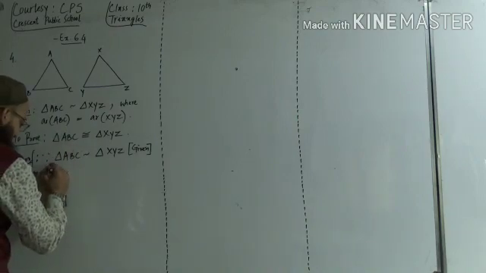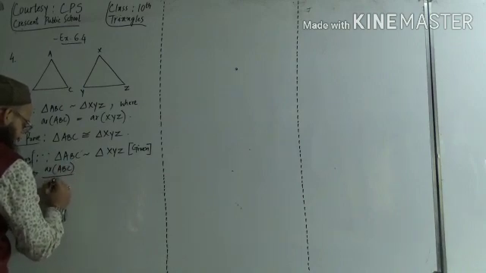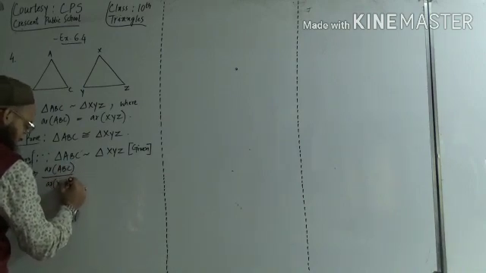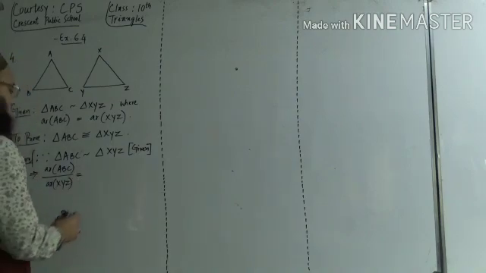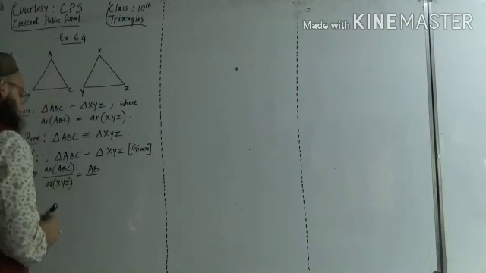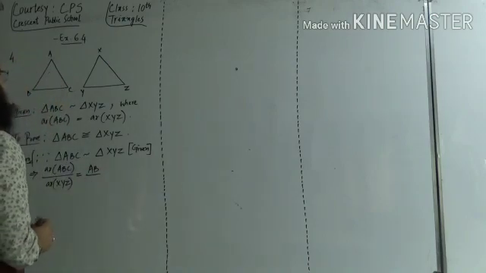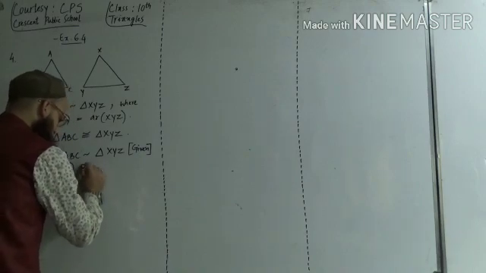So area of ABC divided by area of XYZ is equal to, let us take one side, say AB by XY whole square.